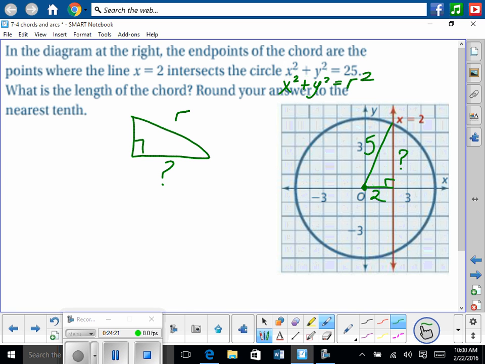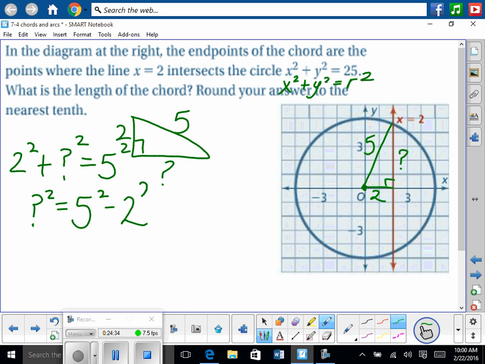Our hypotenuse is 5 and our side is 2, right? So we would do 2 squared plus question mark squared is equal to 5 squared. So we have question mark squared is equal to 5 squared minus 2 squared, right? So question mark equals what? 4.6. Okay, so now you know question mark is 4.6, guys.